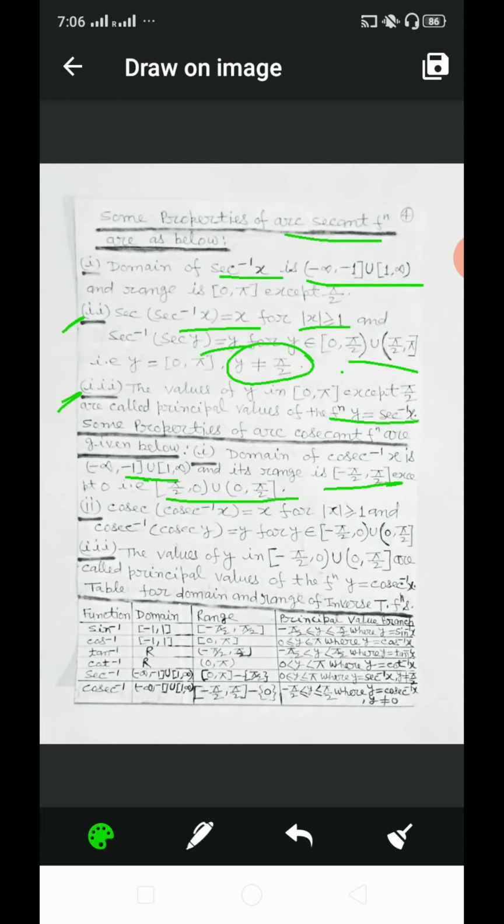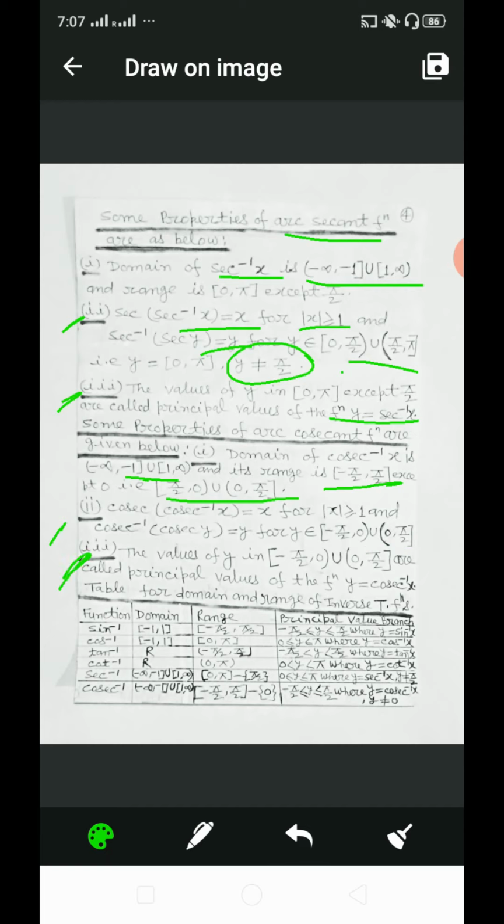Cosec of cosec inverse x equals x for mod of x greater than or equal to 1, and cosec inverse of cosec y is equal to y for y belonging to the right half open interval minus pi by 2 to 0 union the left half open interval 0 to pi by 2.